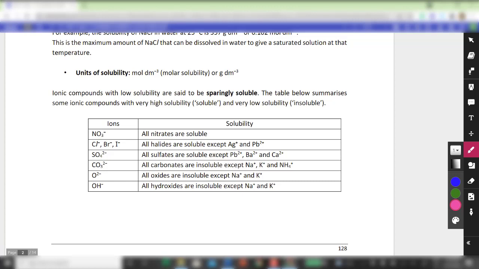I'm sure in secondary school you'll be aware of a table like this, or your teacher will have told you things like, all nitrates are soluble. All halides are soluble except silver, lead, or maybe mercury, if the teacher did tell you. And all sulfates are soluble except lead sulfate, barium sulfate, and calcium sulfate.